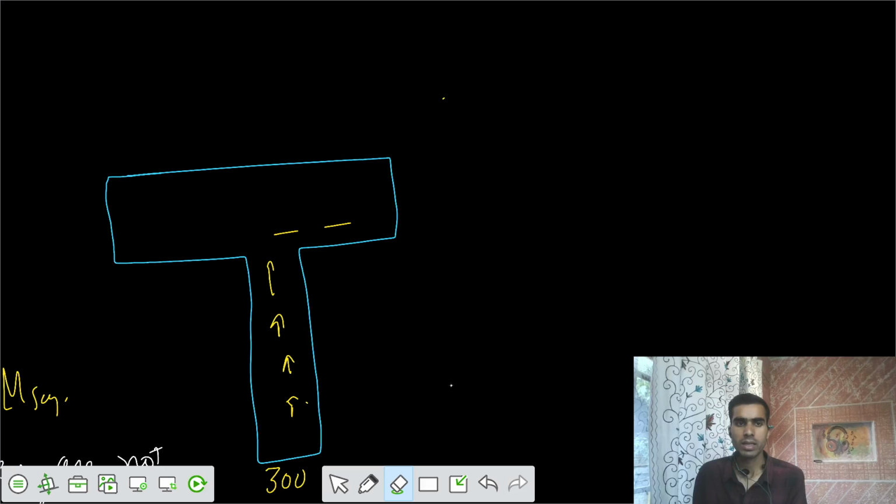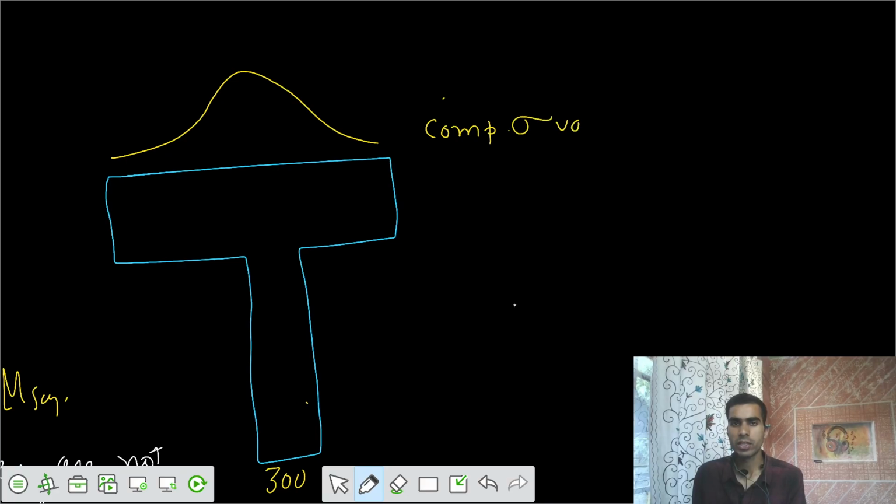So the variation here is some sort of curved nature. This is the compressive stress variation in the flange portion because of the bending. The peak stress, let's say alpha, is the maximum peak compressive stress developed near the web portion.